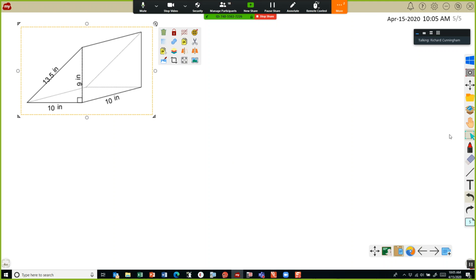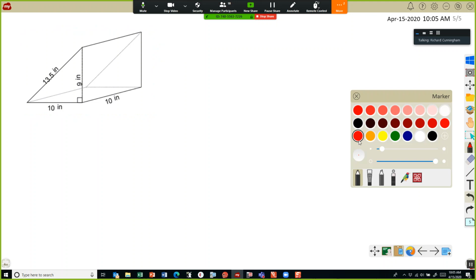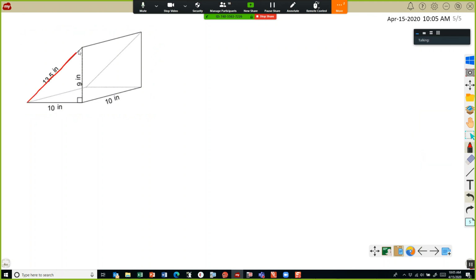So the first thing you want to do is work out the area of the front. What type of shape is the front? It's a triangle. How do you work out the area of a triangle? Right, good. So I want you to do that for me. The area of the front is going to be the same as the area of the back. Okay, good.